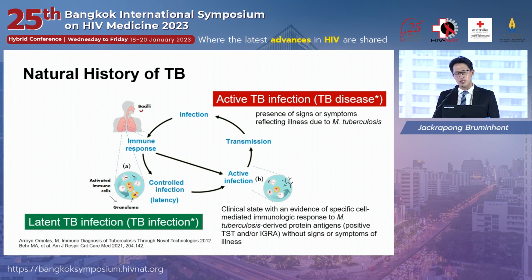What they explain for TB infection is a clinical state in which your body recognizes TB, by evidence of a specific cell-mediated immunologic response to tuberculosis antigen, either by the tuberculin skin test or IGRA test, but without signs or symptoms of illness. But TB disease, which is the new term for active TB, is when you have TB infection, your body recognizes it, but you also have symptoms. So TB disease is kind of a subset of TB infection.